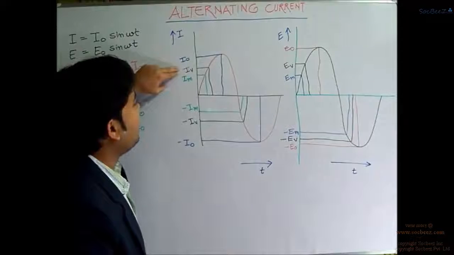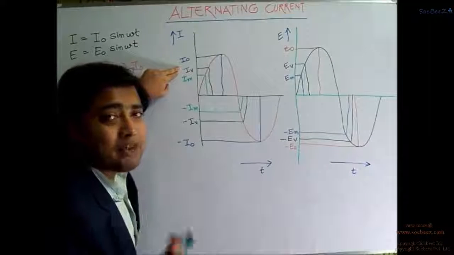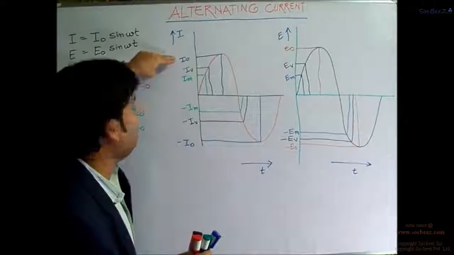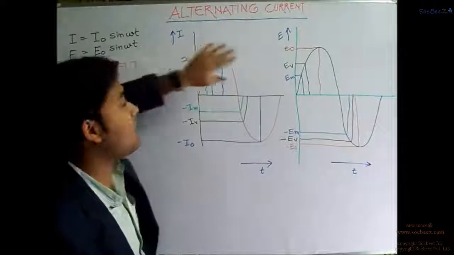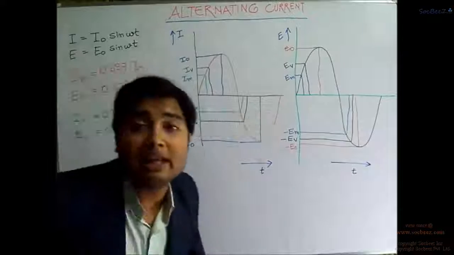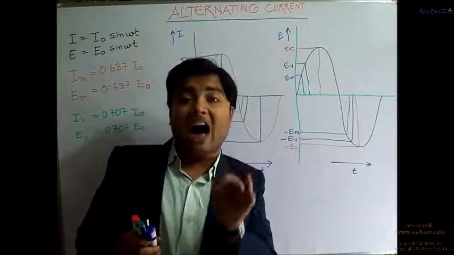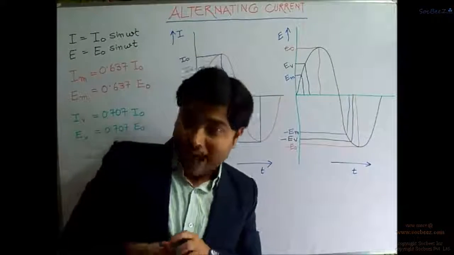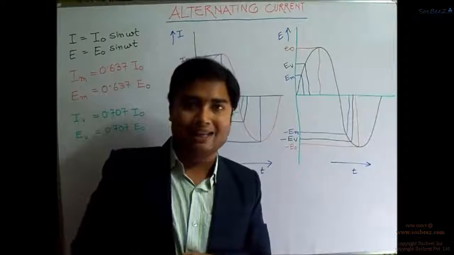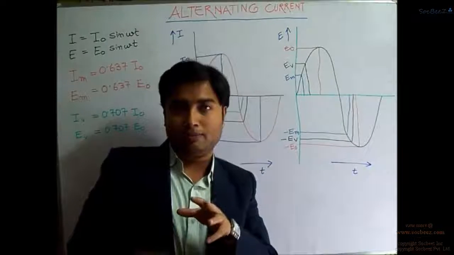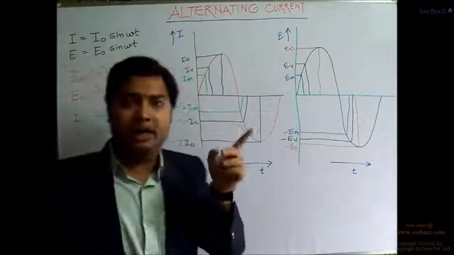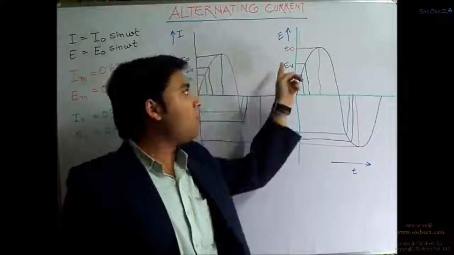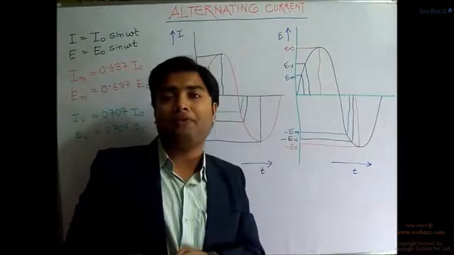And over here we could see that 70.7% of the peak value for this alternating current, as well as this alternating EMF, gives a value of IV, which we know as the virtual value. It is also called the effective alternating current or the effective alternating EMF.